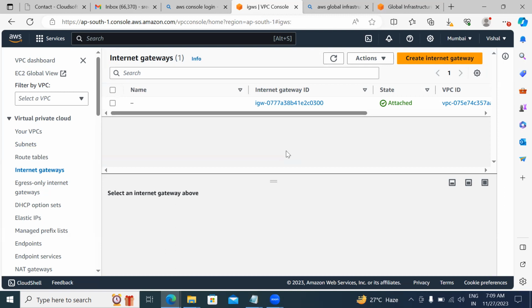Is it chargeable or free of cost? It depends upon the bandwidth, how much bandwidth we use. If we create one more internet gateway, the charge depends on how much you download from that. Not MBs of data, it's GBs of data.